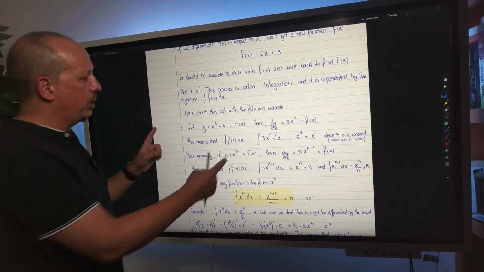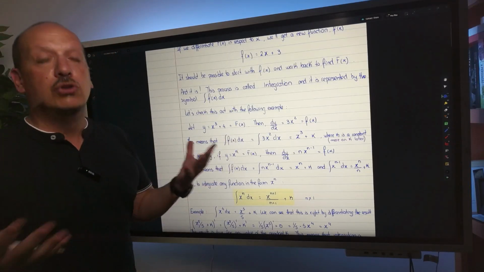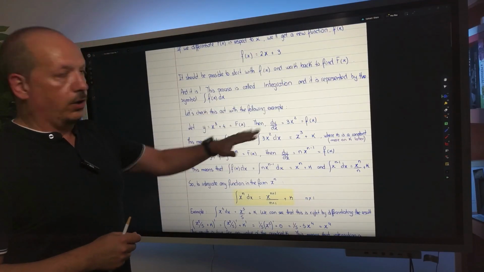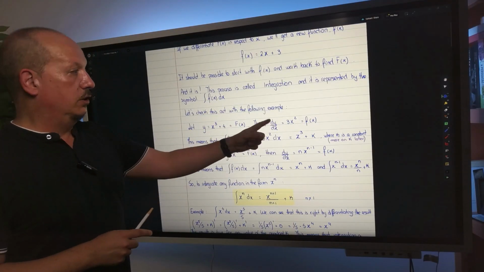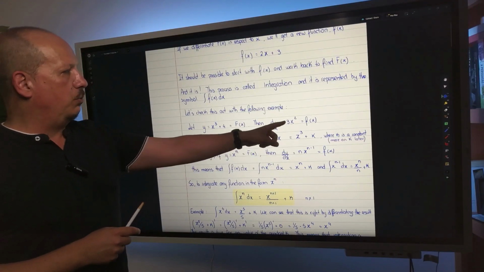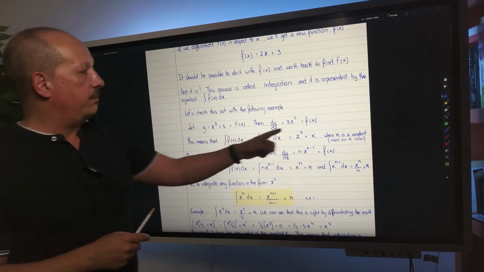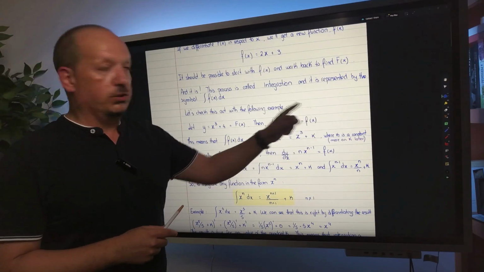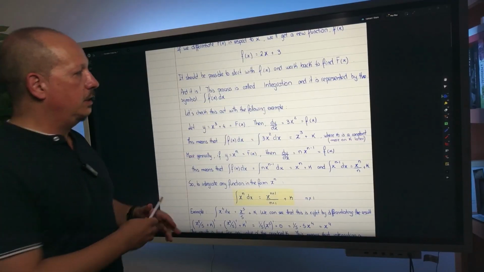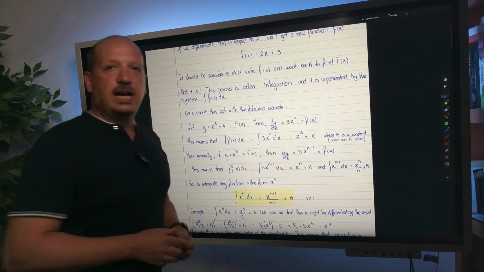Again, in this case, we are going to know beforehand what the primitive is. From the previous chapter, we learned how to differentiate this. So dy by dx is going to be what? It's going to be 3x squared just, right? So this is another function, the derivative of this over here, which is just 3x squared.